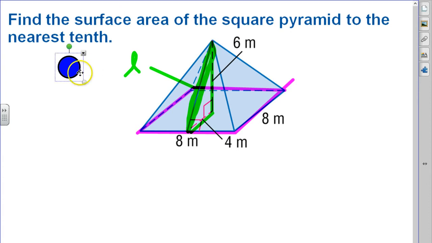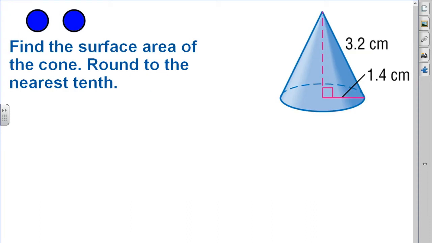Okay, then next problem. Surface area of a cone. We have 3.2 centimeters and 1.4 centimeters.